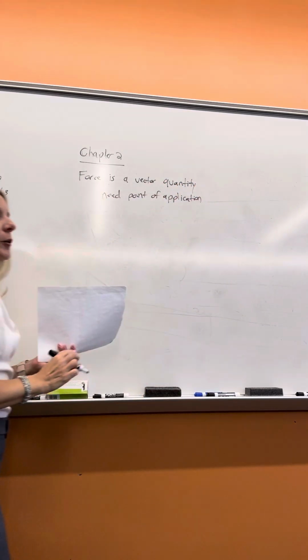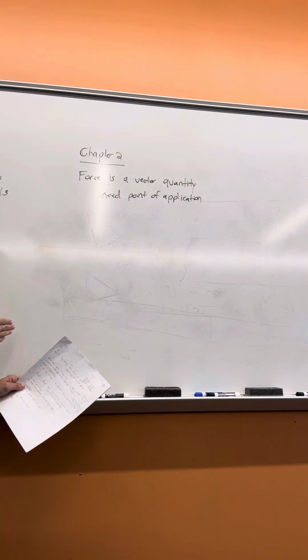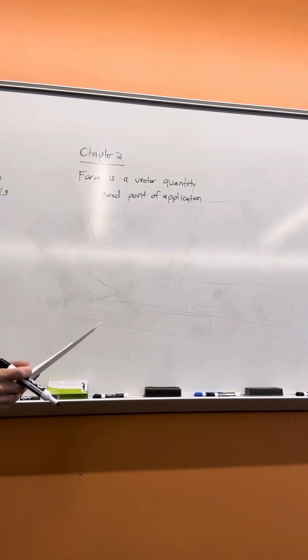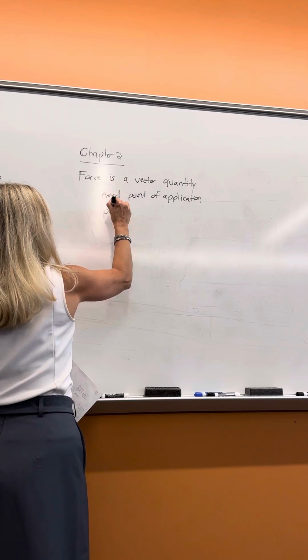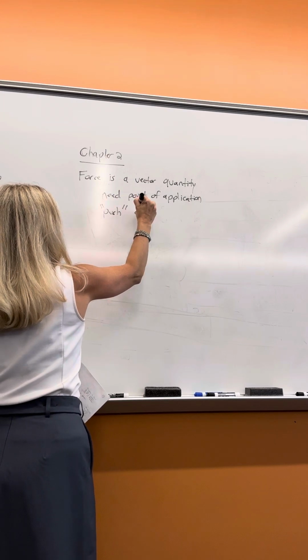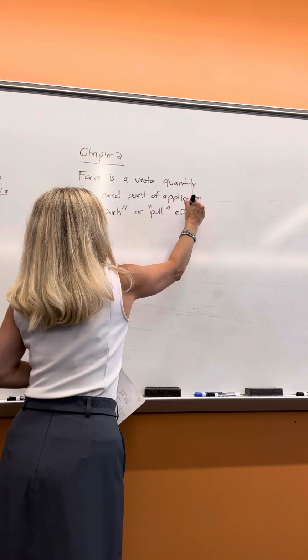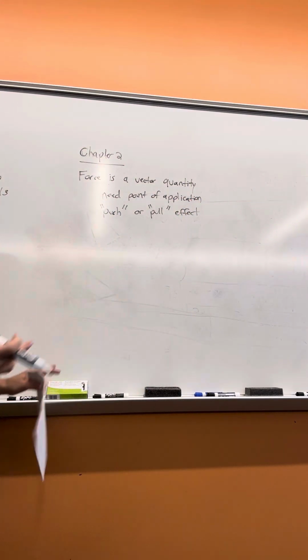Okay, because it's going to move differently if you put the force on one end as opposed to the other end, right? Okay, so the force is going to have a push or a pull effect. You're either going to be pushing the object or you're going to be pulling it towards you.